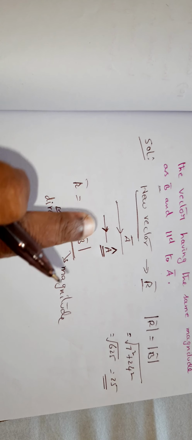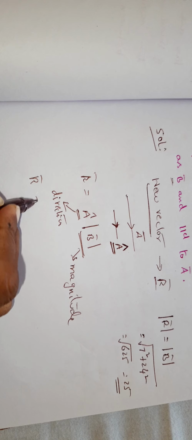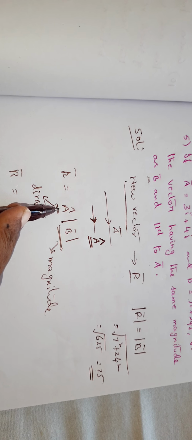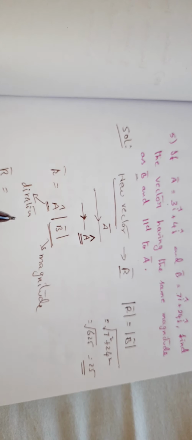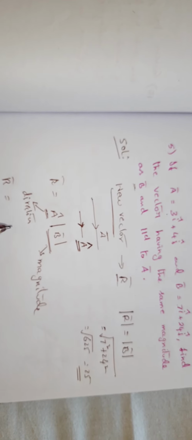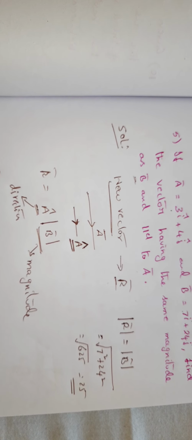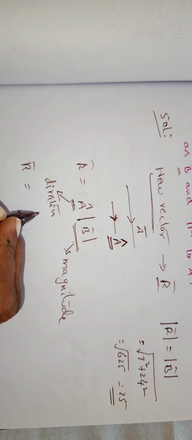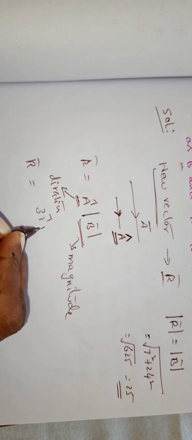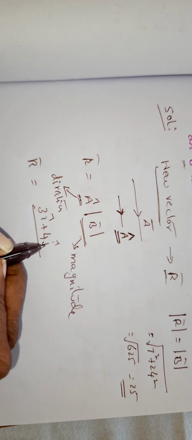This is determined. Now let us find out what it is. I'll write directly R bar is equal to. Now what is A cap? A cap is A bar by modulus of A bar. So 3i cap plus 4j cap is my A bar, by modulus of A bar.